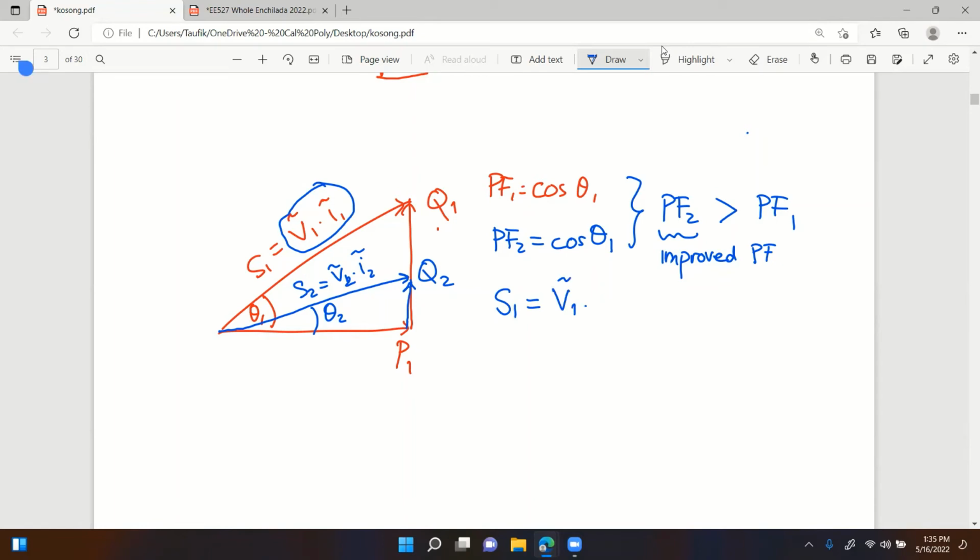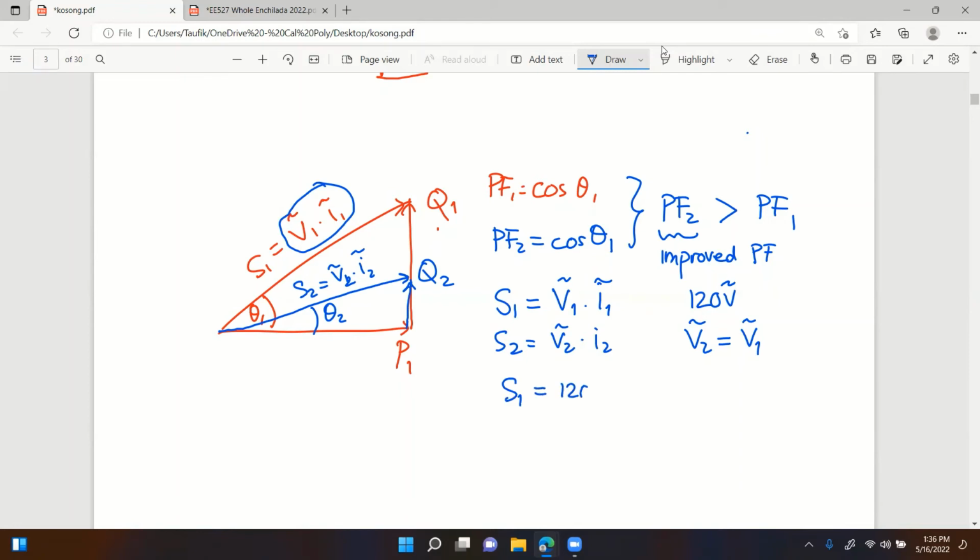Voltage, right? So voltage is pretty much around 120 volts RMS. So S2 will also be V2 times I2, but V2 is equal to V1.